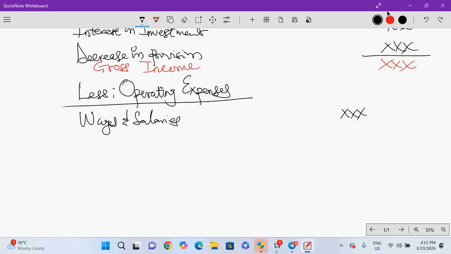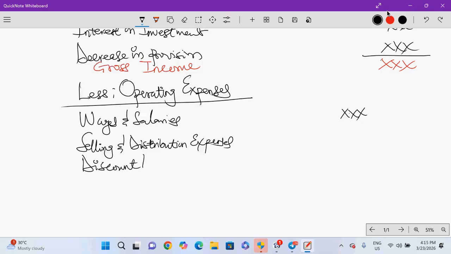Selling and distribution expenses. Discounts allowed. What else? Administrative expenses. Someone said discount allowed. We allow it to our customers.